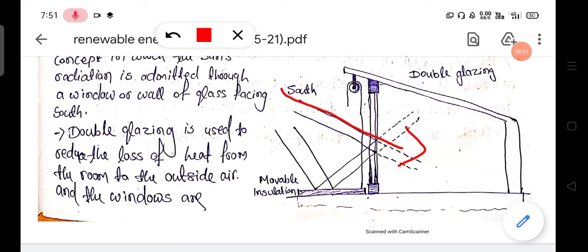And there is a movable insulator. Movable insulator, what?